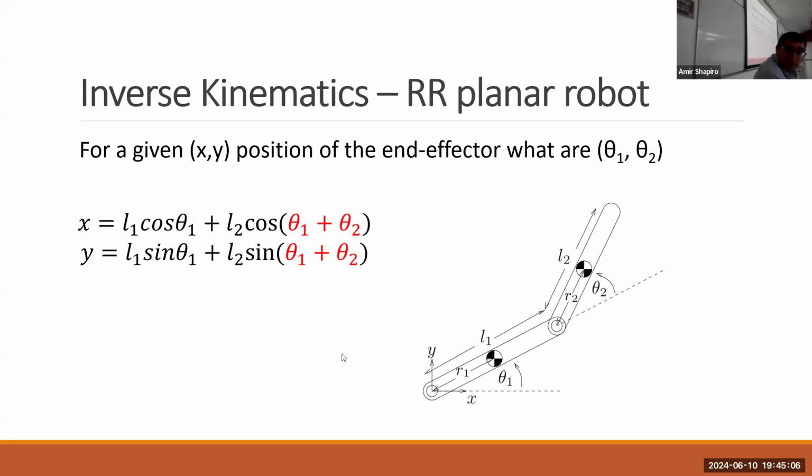So we take first an example of a 2 degrees of freedom robot with 2 angles, θ1 and θ2.